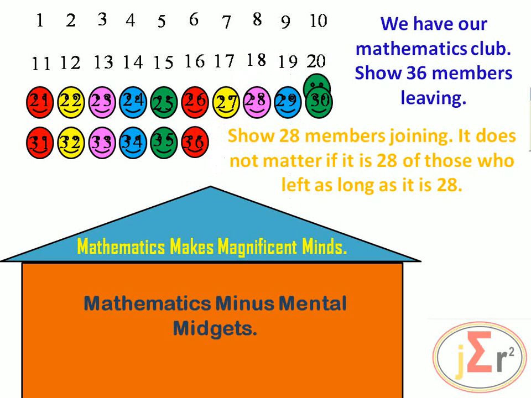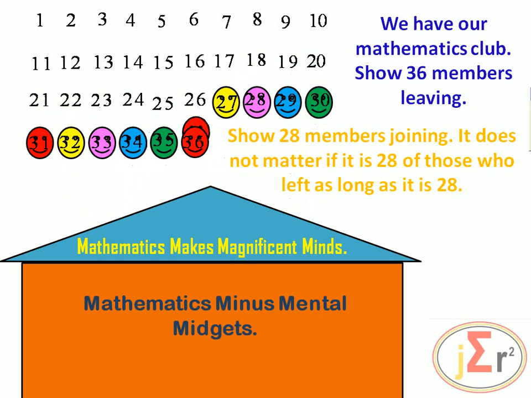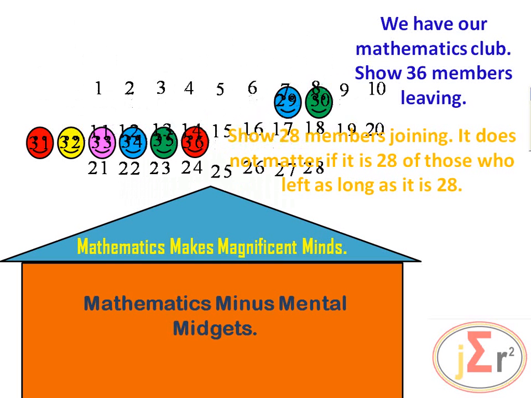Because of the nature of the slide, we are using 28 of the same members. But it does not matter if it is 28 of the same members or 28 of other members, as long as we have 28 joining. The overall effect will be the same. See that, Jerry? Yes. Okay.